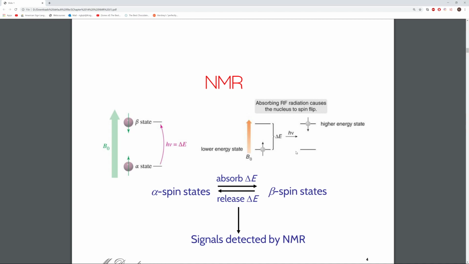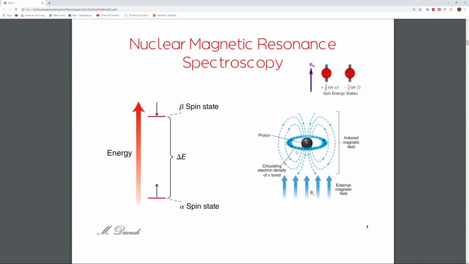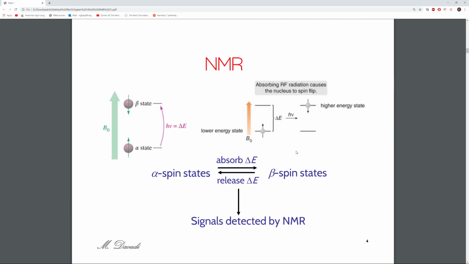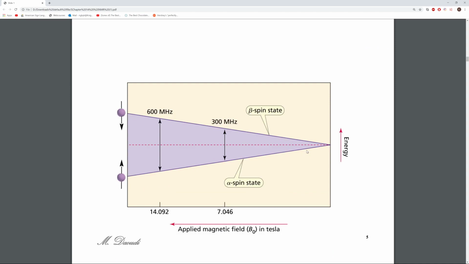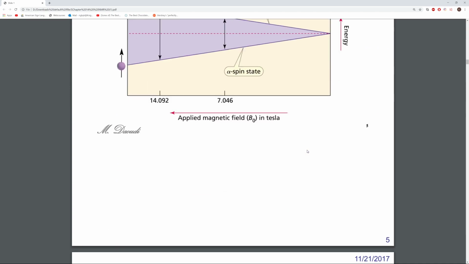Okay, so again, like I said before, when we apply a magnetic field, which is essentially applying energy, the spin state is going to swap from a low energy spin state to a high energy spin state. And so we can measure that using NMR. And then we can plot that on the graph using something called ppm, parts per million, but don't worry about that.